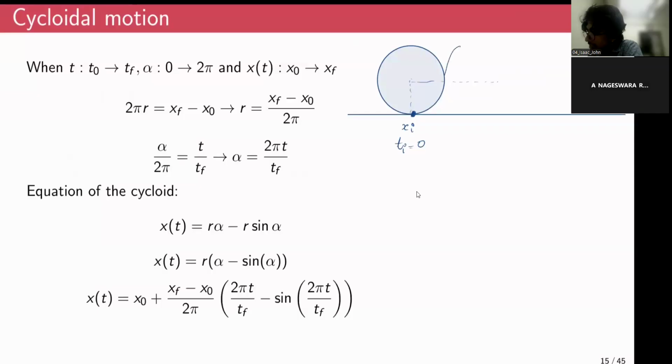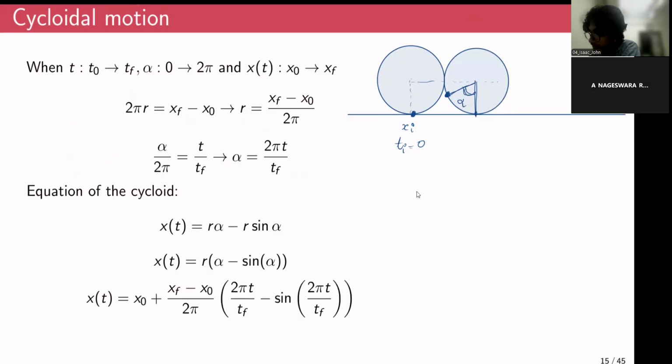Now, maybe at some other arbitrary location, this point, as the circle rolls, will go to a different location. This was the initial location, and I'll consider this angle to be alpha, right?